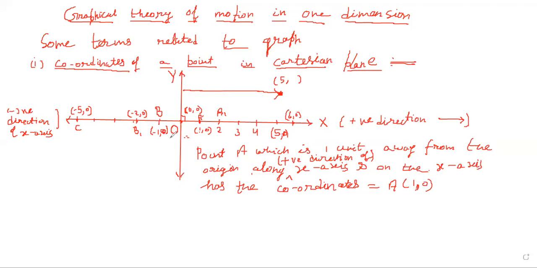The coordinates of the point which is 5 units away from the origin along negative direction of x-axis and on the x-axis has the coordinates C (-5, 0). I think you all must have understood this. So write this theory also in your notebook.